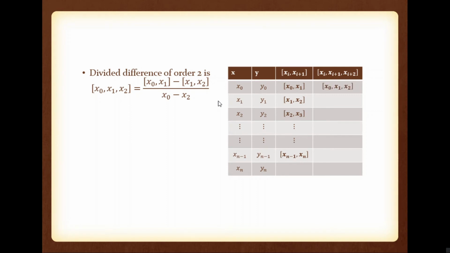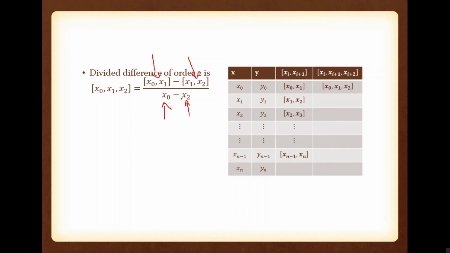So [x0, x1, x2] is equal to square bracket x0 comma x1 minus square bracket x1 comma x2 divided by x0 minus x2. So these two are the adjacent elements always. In the first order divided difference, these two are the adjacent elements, but these are not adjacent elements. x2 is the second next element of x0.